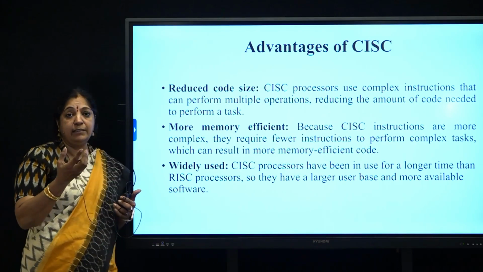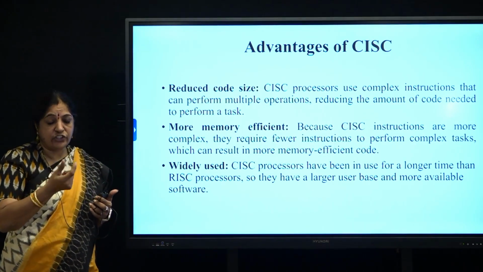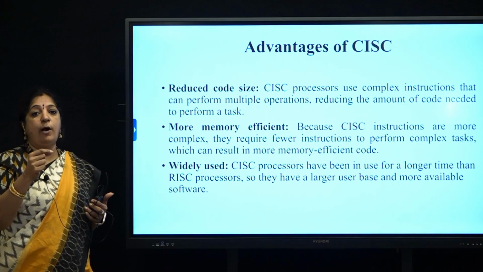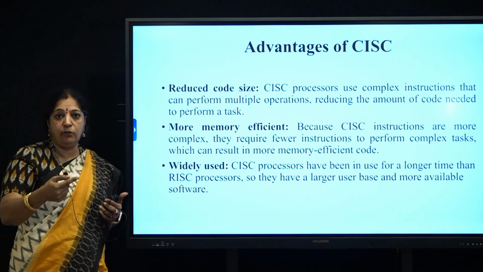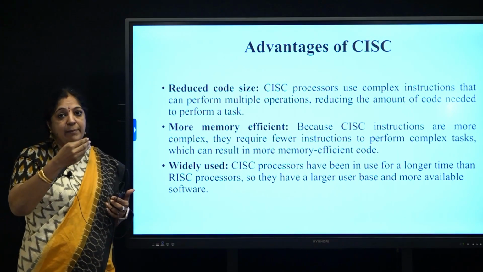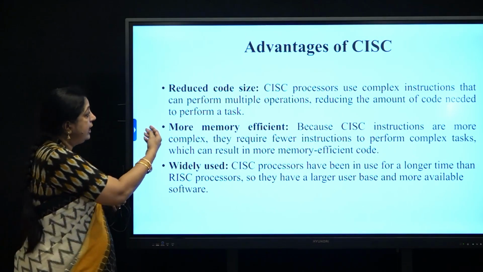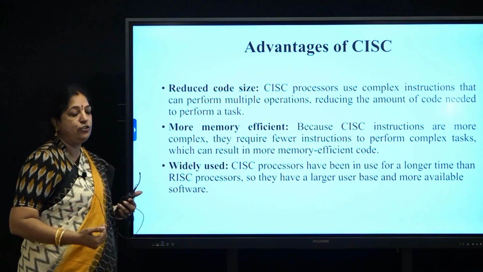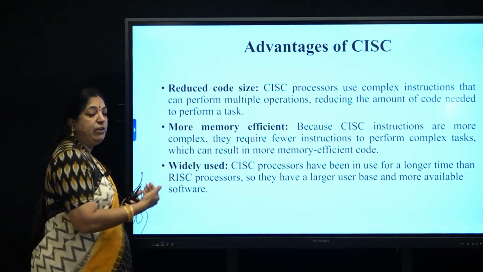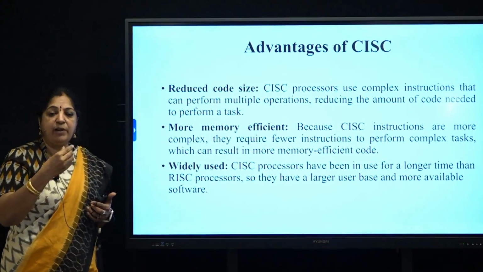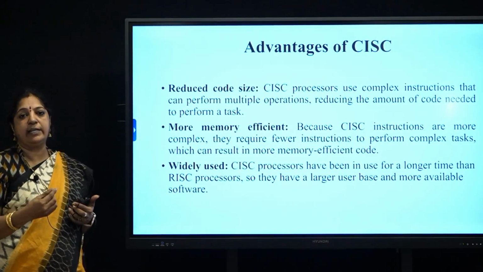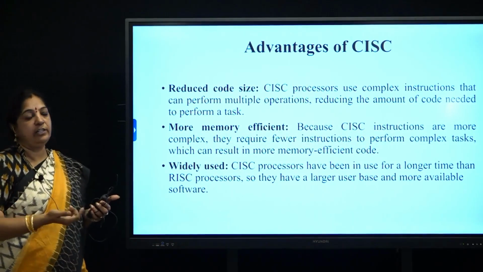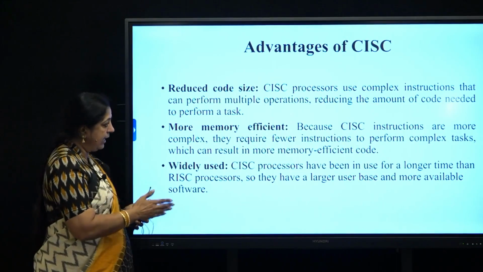Coming to advantages, here we have reduced code size. Within a single complex instruction too many parts can be included, so fewer instructions are used and the code size is obviously reduced. More memory efficient: with fewer instructions to be stored, much memory is not required.